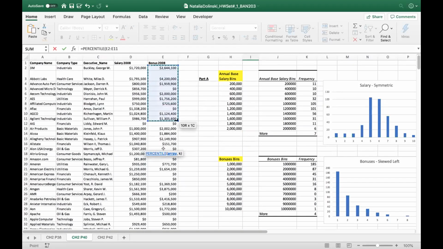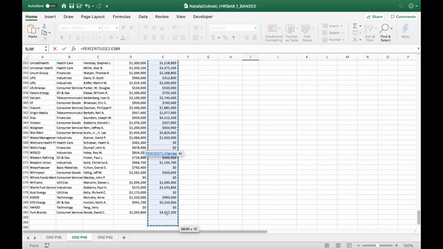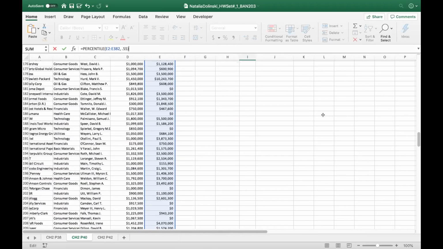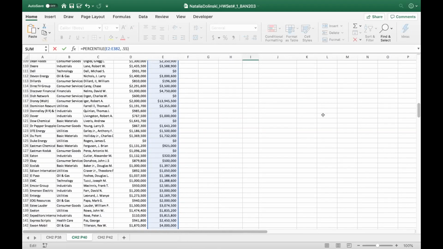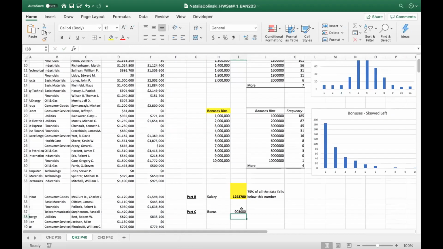It's doing this, and then 0.55. Oh, wait. Not 0.55, because you want where 55% is above, right? But the percentile function does percent of the data below. So it's 45. That's correct. That's why I also kind of led you with the previous one. Yeah. See? Didn't take the hint there.